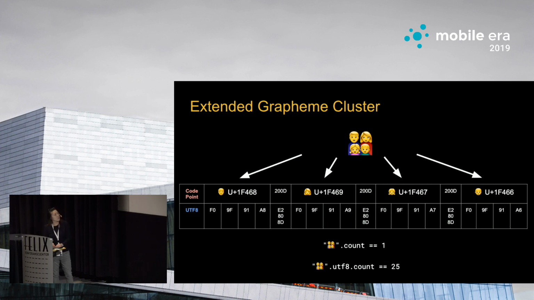Each emoji is mapped to a code point, which is then mapped to 4 UTF-8 code units, and the joiner in between is mapped to a code point, which is then mapped to 3 UTF-8 code units. So in total, there are 25 UTF-8 code units, even though there's only 1 character count.